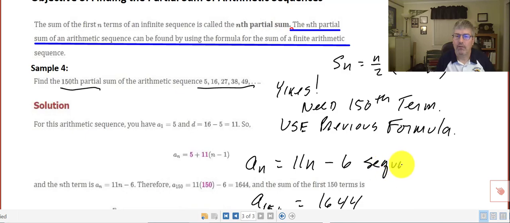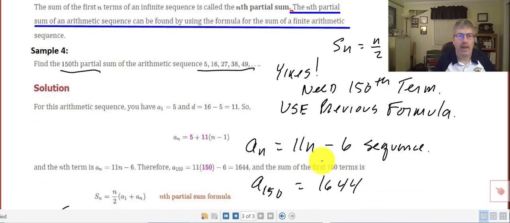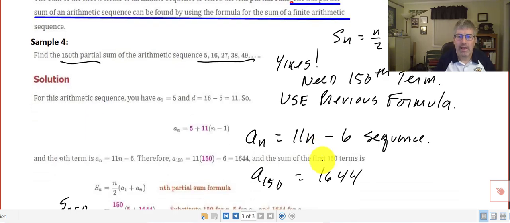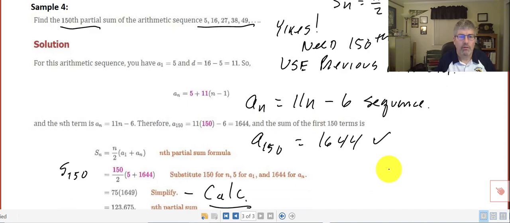Our sequence essentially is 11n minus 6. So substituting in 150 for n, we get the 150th term is 11 times 150 minus 6, which is 1644. To find the 150th term, we substitute 150 in for n.